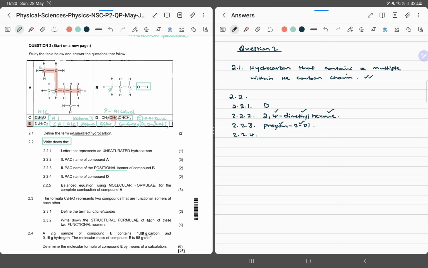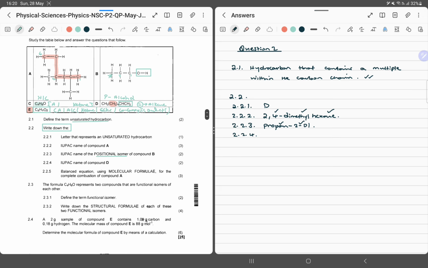2.2.4 says the IUPAC name of compound D. Okay, so here we need to count the carbons. Of course, we've got a double bond between the first and the second carbon, so we count the lowest of the 2. So it's going to be 1-ene, whatever it is. So how many carbons we've got here? 1 plus 4 carbons here, so that is 5, then 6, 7.